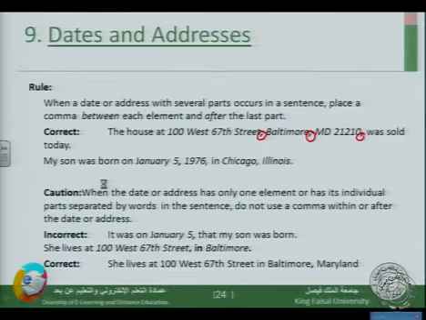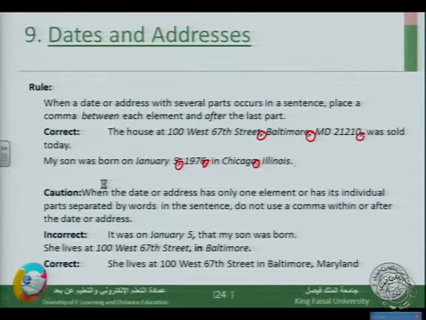For example: "My son was born on January 5, comma, 1976, comma, in Chicago, comma, Illinois, comma." So if you have a date or address with several parts in a sentence, you need to place a comma between each element and after the last part. Okay?